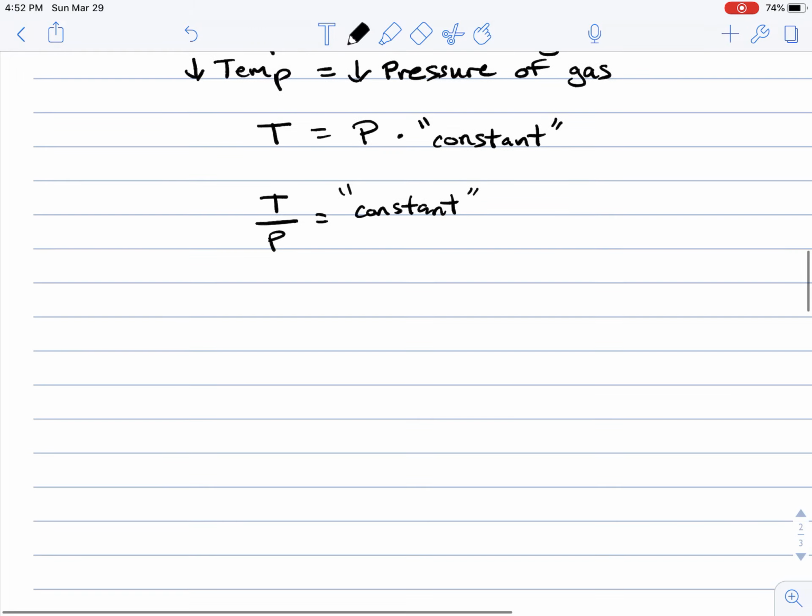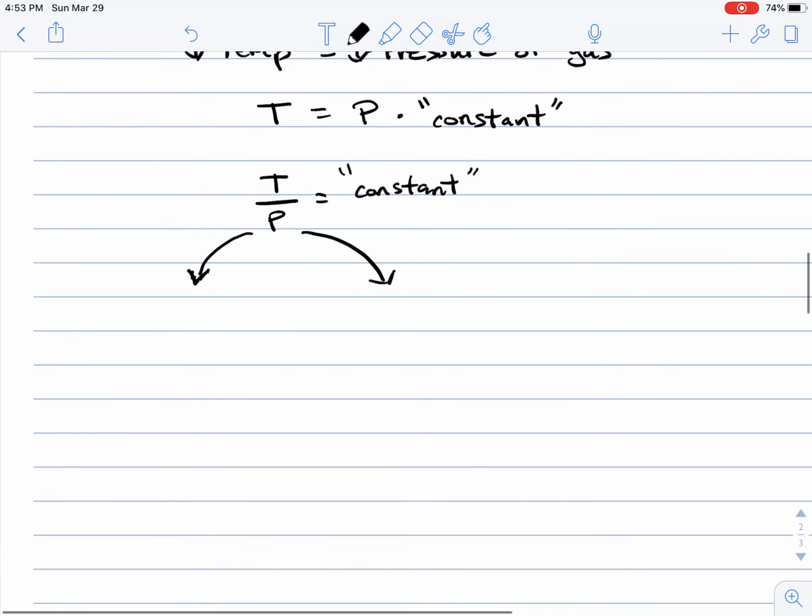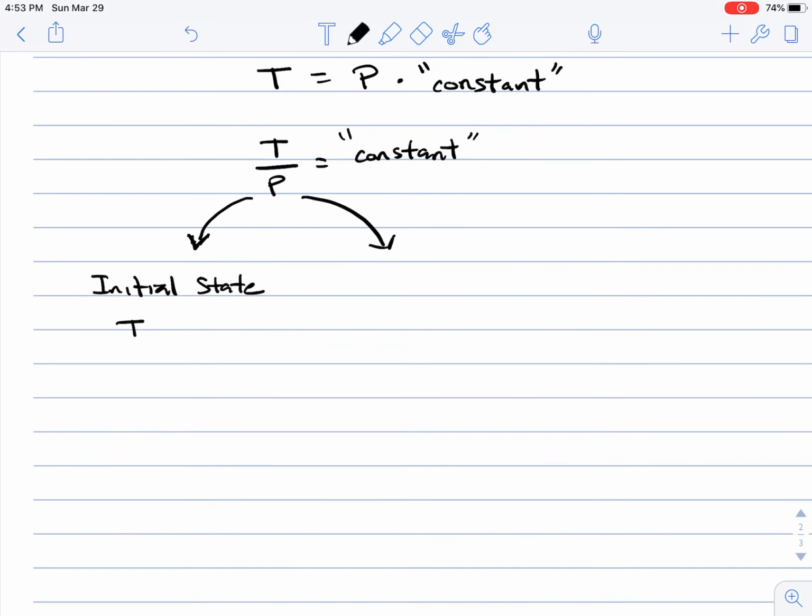And so we can go ahead and take this fundamental mathematical equation, if you will, and use this to represent both the initial state and the final state, such that for the initial state, we can say that T1 over P1 is equal to some constant.